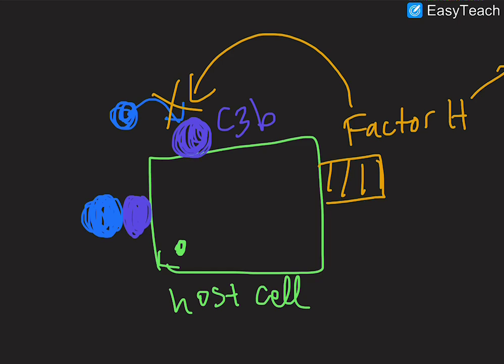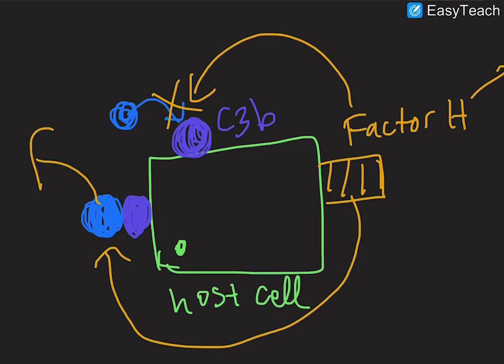What factor H can do is it can come over and help dissociate Bb from C3b, so that you don't have functional C3 convertase and you stop the cascade, right? You stop the cascade and the formation of C3b and the complement system overall. So that's pretty cool too.